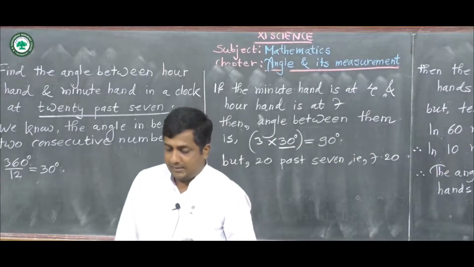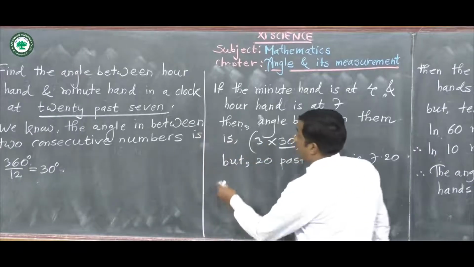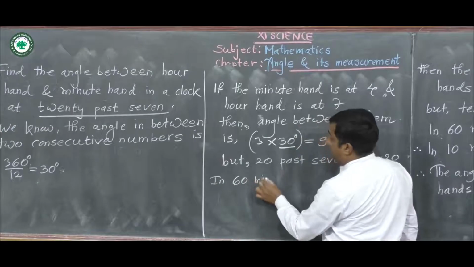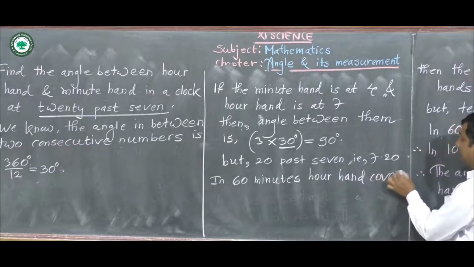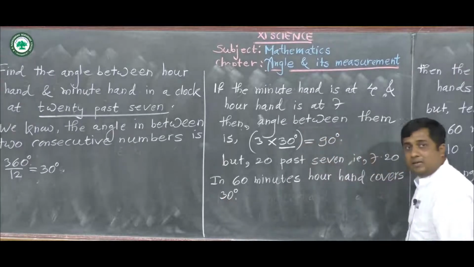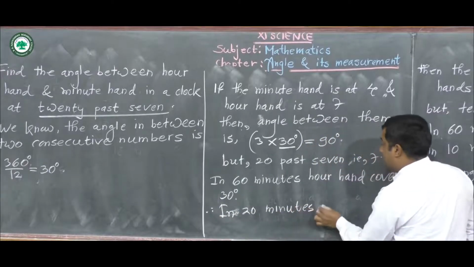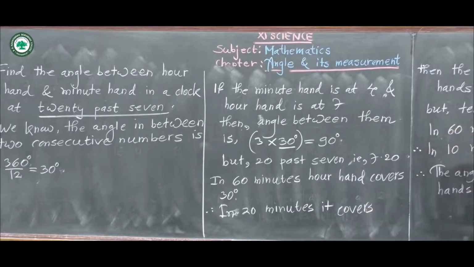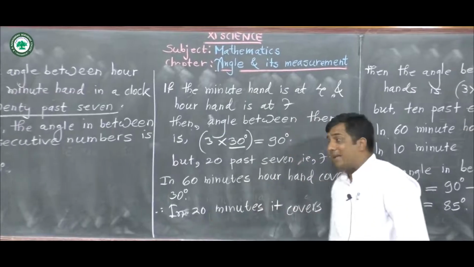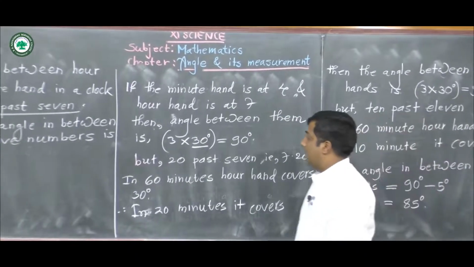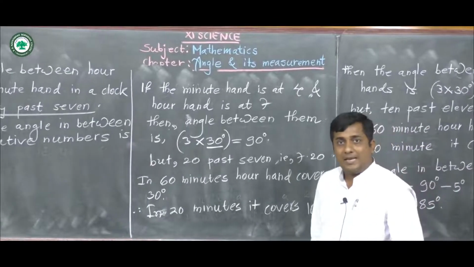Here we know in 60 minutes our hour hand covers 30 degrees. Therefore in 20 minutes, it covers 10 degrees.